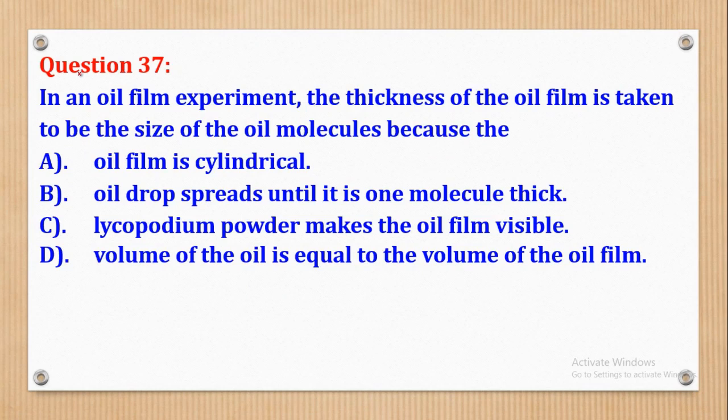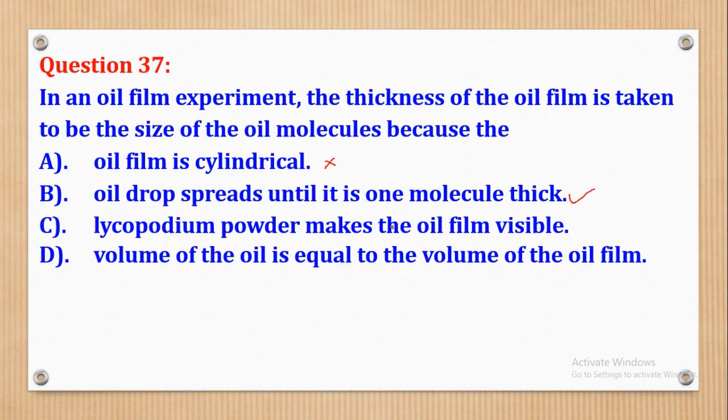So question 37 says, in an oil film experiment, the thickness of the oil film is taken to be the size of the oil molecules because Roman 1 part A, oil film is cylindrical, oil drop spreads until it is 1 molecule thick.